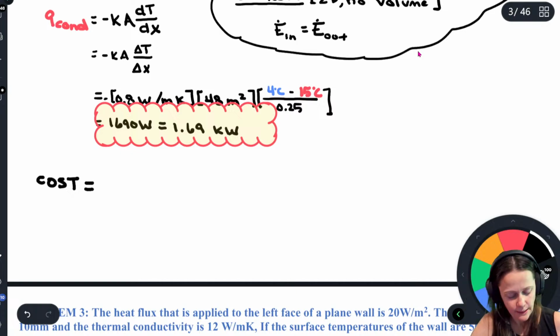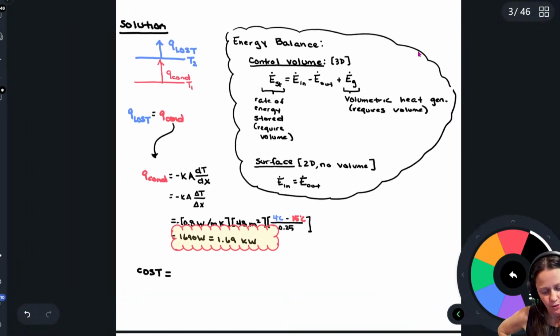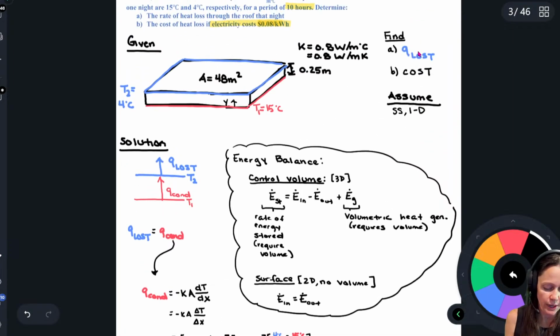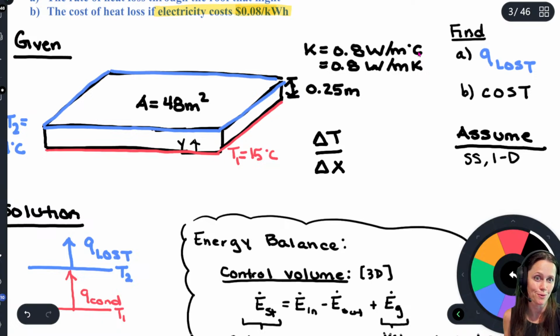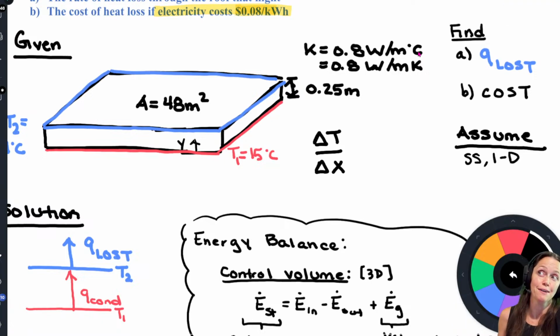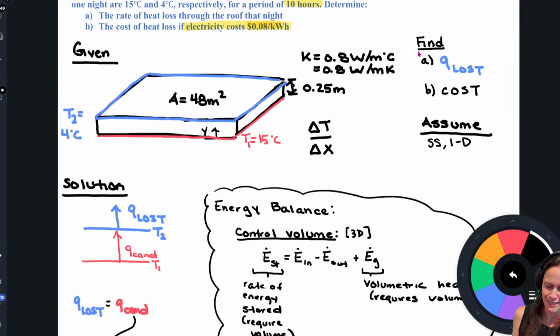Why did we use 4 minus 15 and not 15 minus 4? When I define that delta T over delta x, the way I phrase it in thermo is I say it's what it is after minus what it is before.